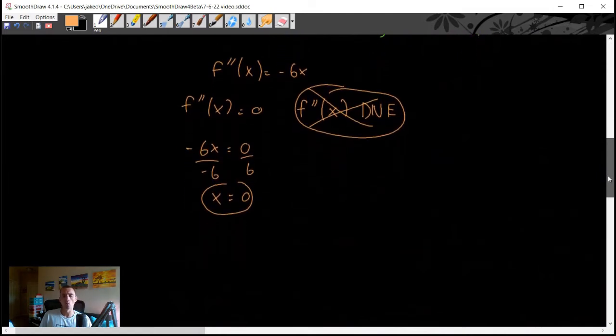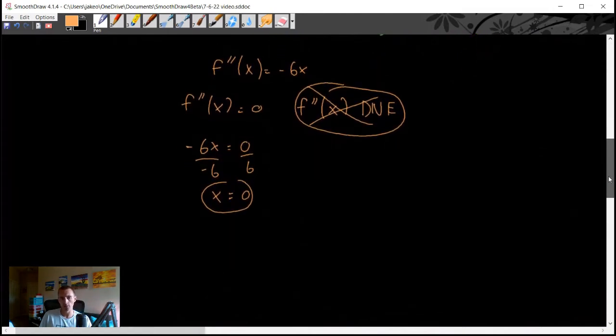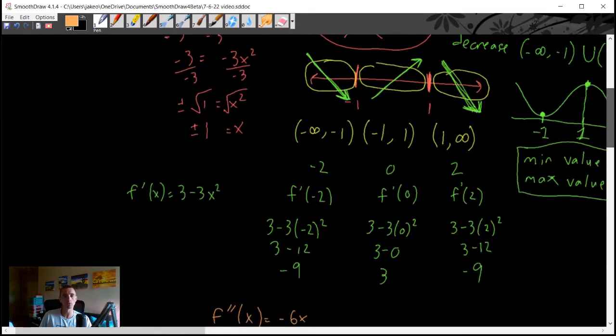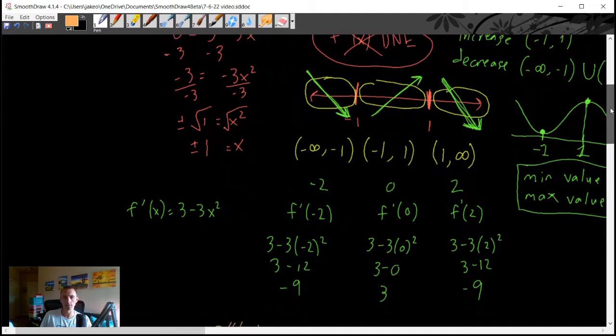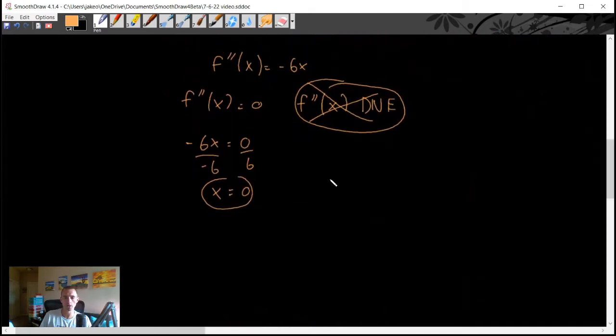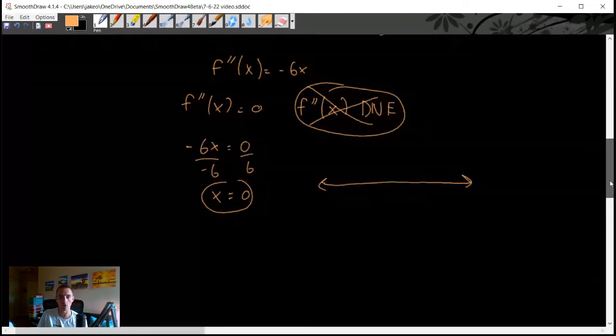Okay, so what that tells you is very similar to what our critical number told us up here. It tells us that if we take a number line from negative infinity to positive infinity, and in this case, we're using negative infinity to positive infinity because our original function f of x is defined for all x values.